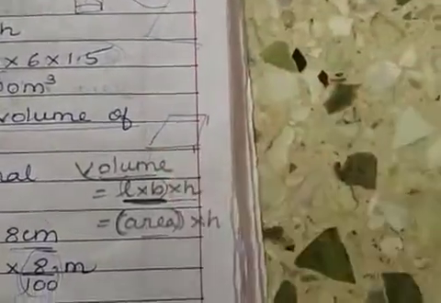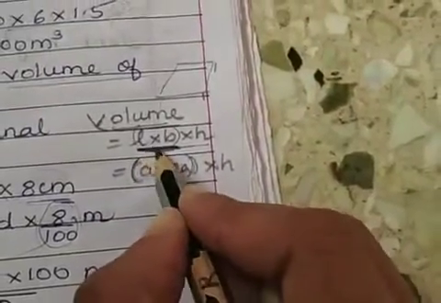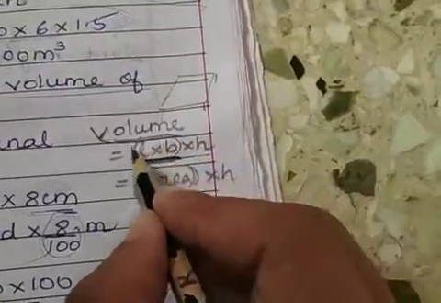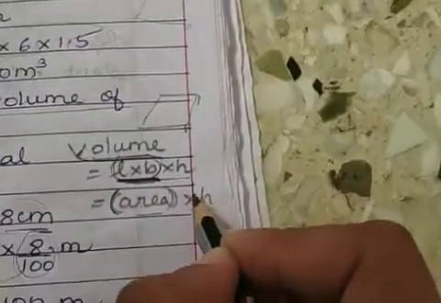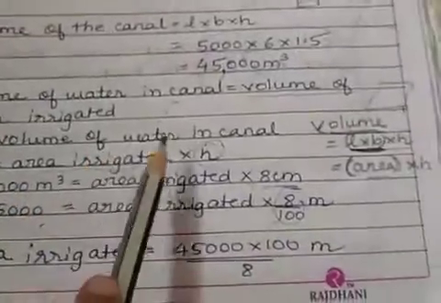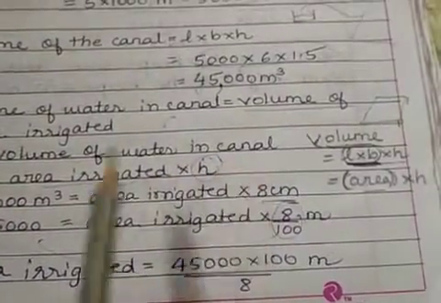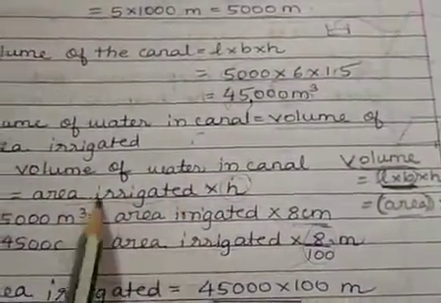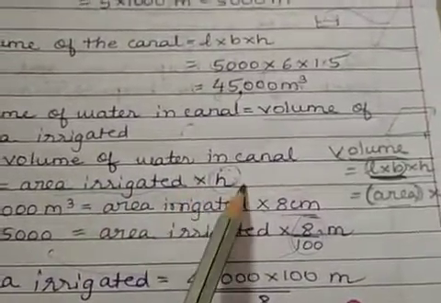So volume has 3 dimensions. Here when I say length into breadth into height, length into breadth is your area, so it is area multiplied by height. So volume of water in the canal will be equal to area irrigated, or area of the field, multiplied by height.